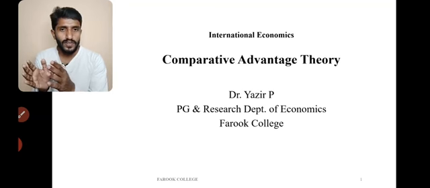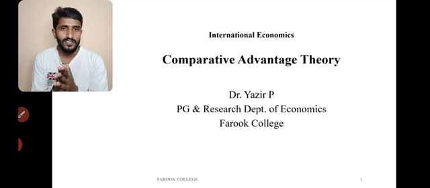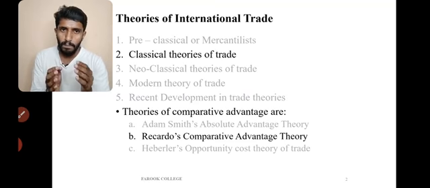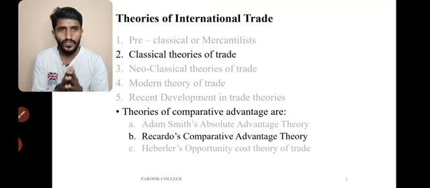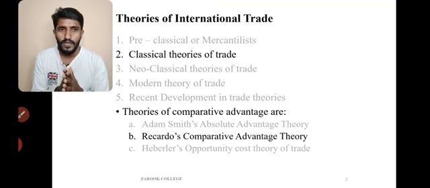So we are trying to elaborate that cost advantage through Ricardo's ideas or Ricardo's theory, which is comparative advantage theory. As you know, it is also part of the classical theories of international trade, and it is the second one in comparative advantage theories.